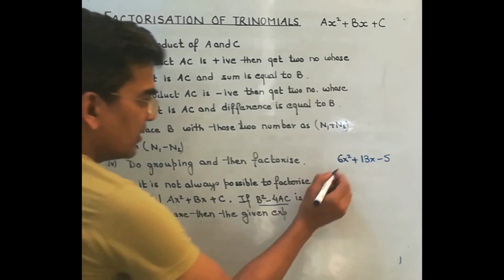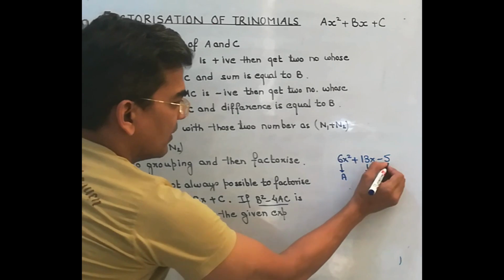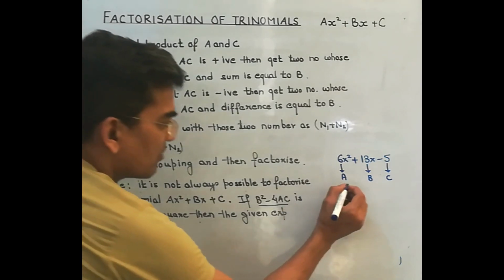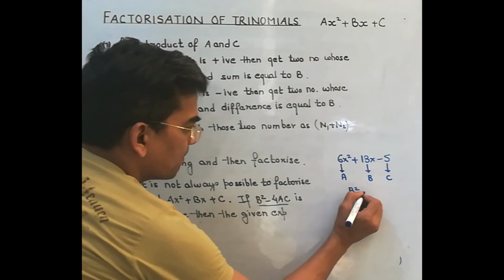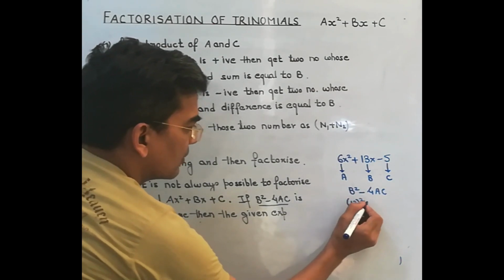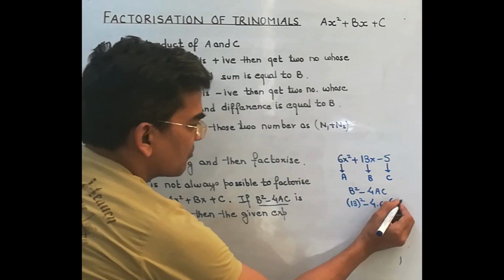Now see in this question, this is our A, this is your B, and this minus 5 is your C. So you find B square minus 4AC, and if this comes out to be a perfect square, just be sure that this expression can be factorized. So let's find B square minus 4AC. It's 13 square into A is 6 and C is minus 5.